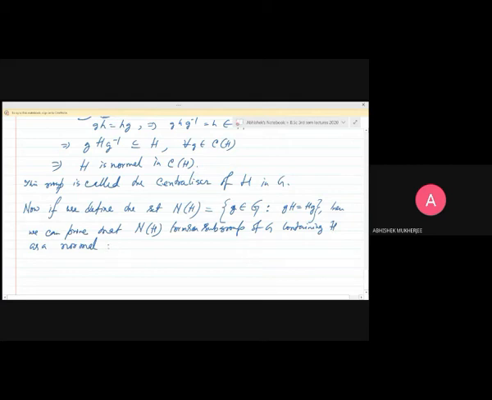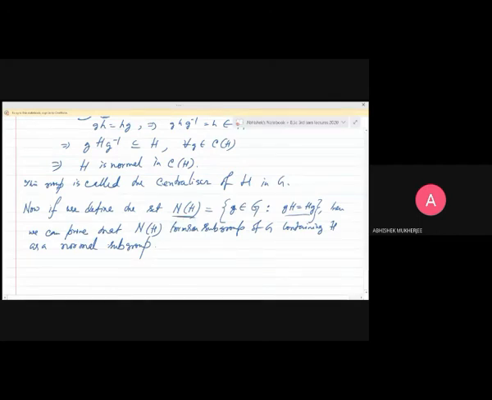Why? Because if you take any g from N(H), then it will satisfy this property that the corresponding left and right cosets are equal. So H is normal in N(H), right?